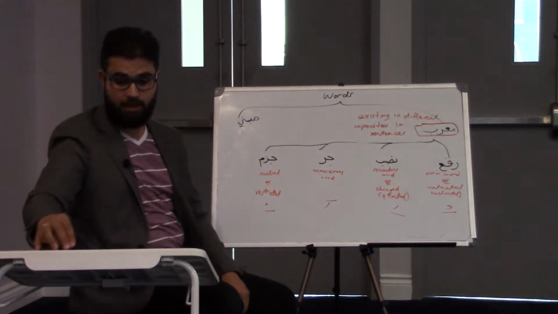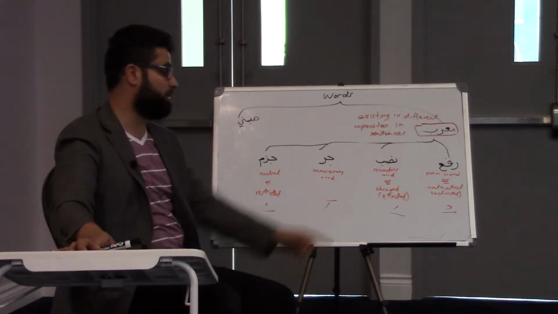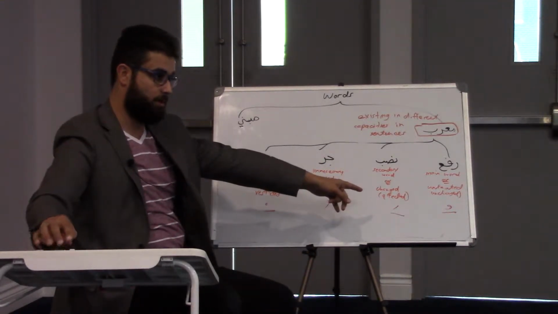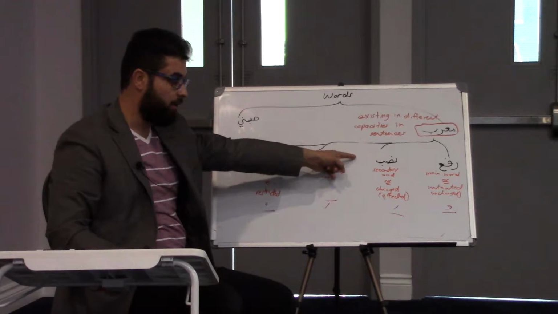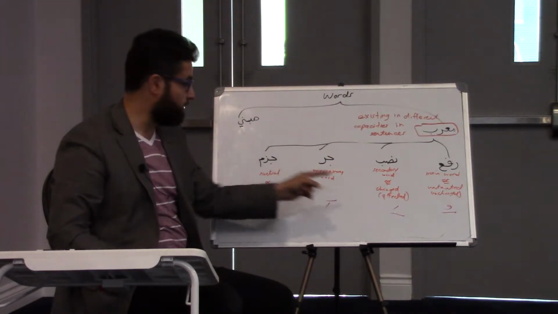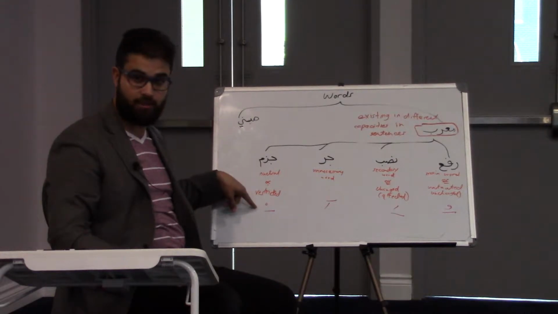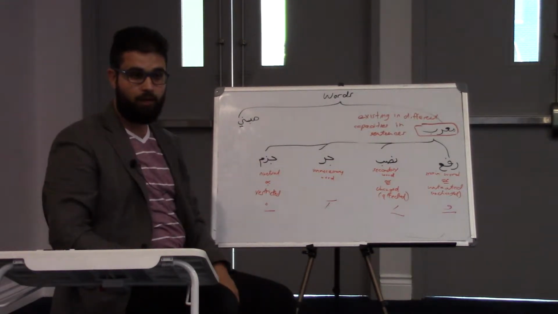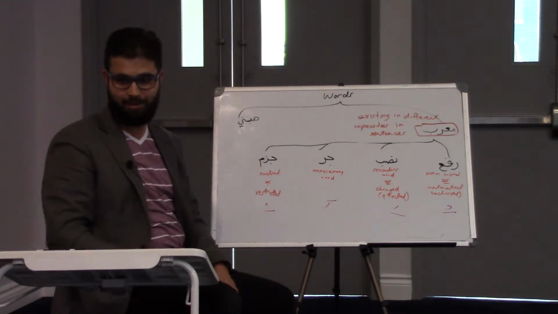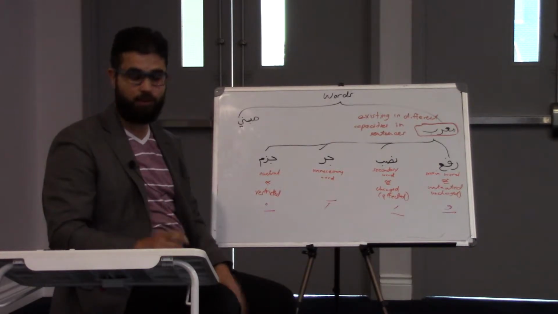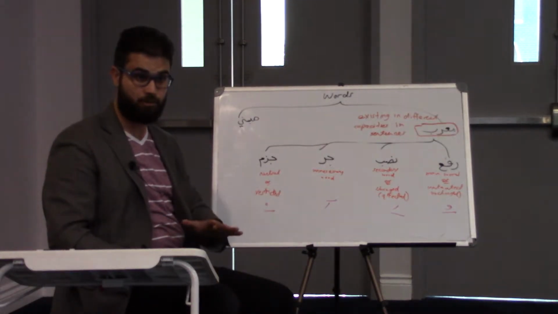But to say that marfu' equals madmum with a dhamma on it, or mansub equals maftuh, or majroor equals maksur with a kasra, or majzoom equals sakin is very wrong. And it fails 80% of the time because that's not true. But they are the most famous markers.